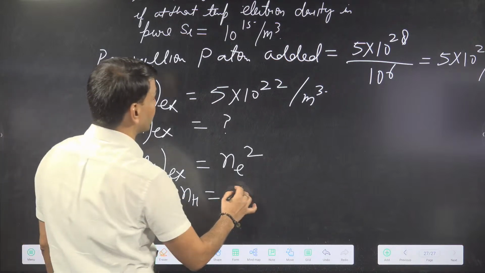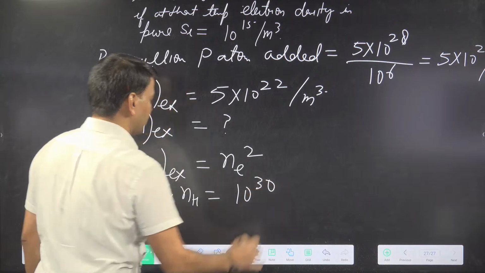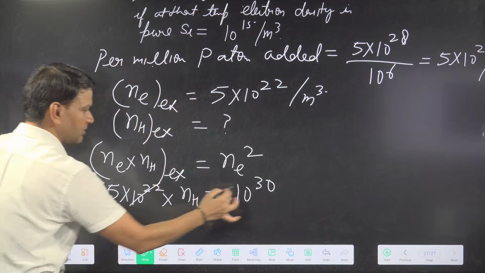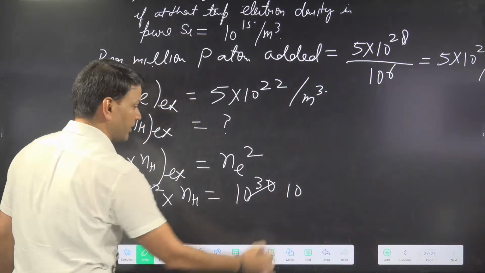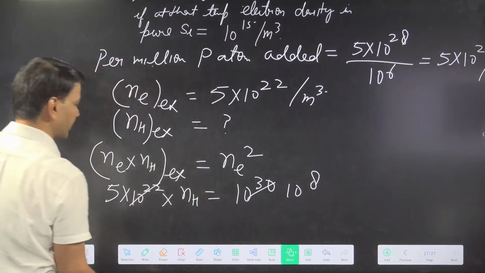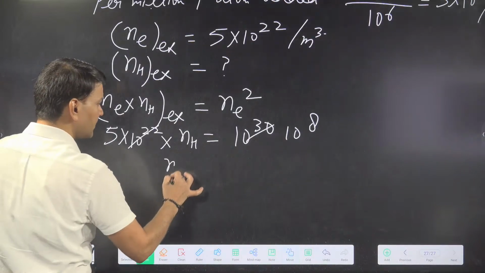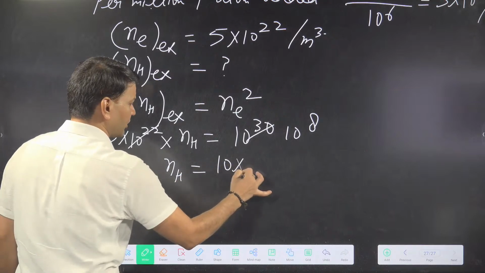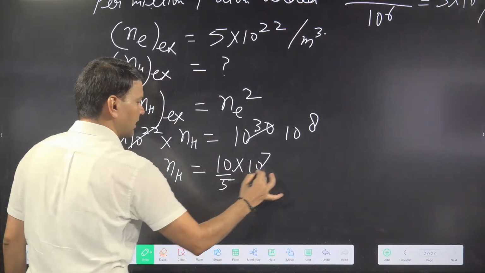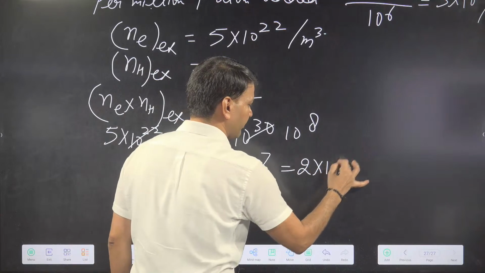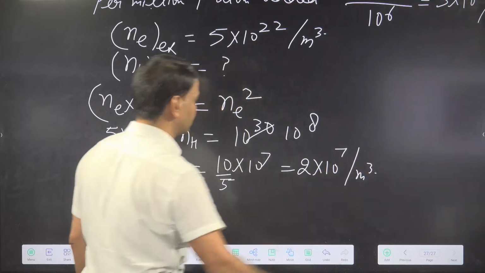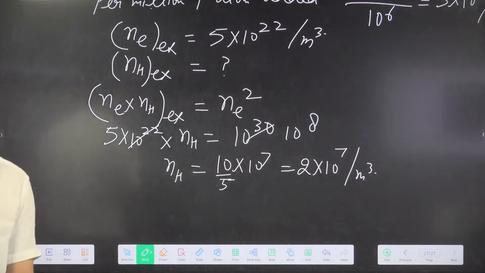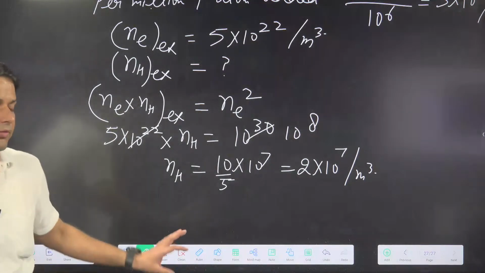Ne square you will get 10 to the power 30. Now this and this get cancelled out, you got 10 to the power 8, and from this NH is equal to 10 into 10 to the power 7 by 5, that is equal to 2 into 10 to the power 7 per meter cube. This is the hole density in that extrinsic semiconductor. Everybody got it or not?